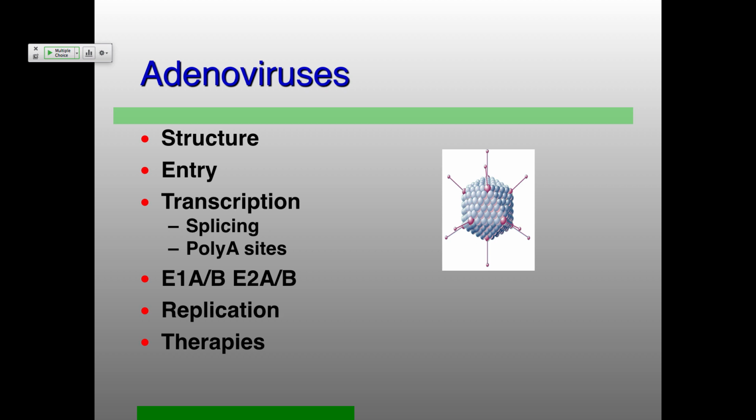These guys are all involved in replication, and most of the replication in these adenoviruses is going to be viral proteins. So viral DNA polymerases, viral terminal protein, because that's what the primer is for replication. You've got a viral single-stranded DNA binding protein, which basically serves as the helicase. So it's really all viral proteins that are involved in replication.